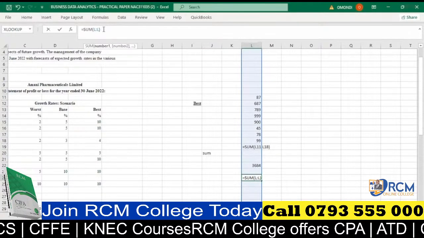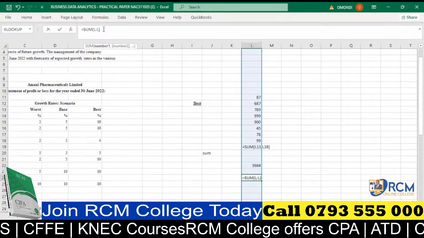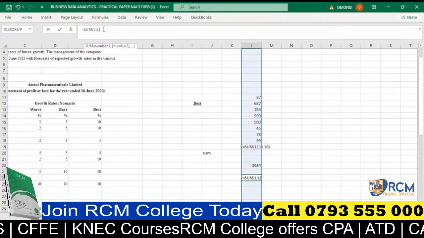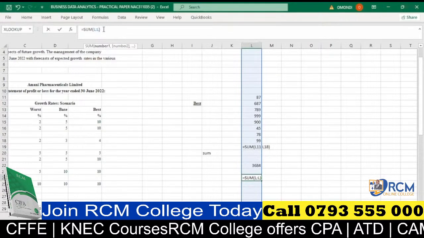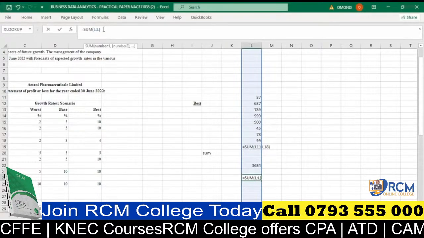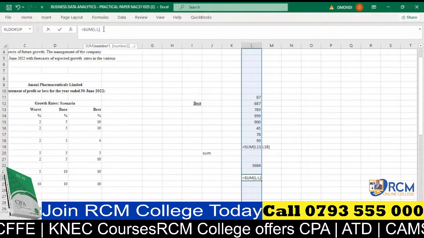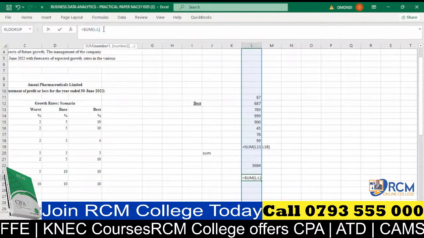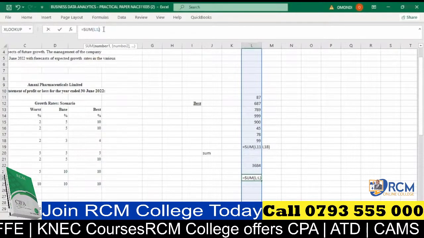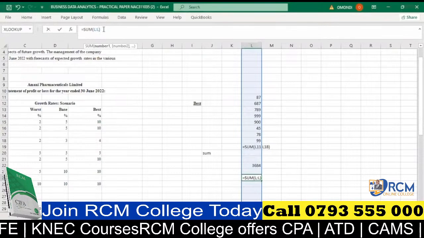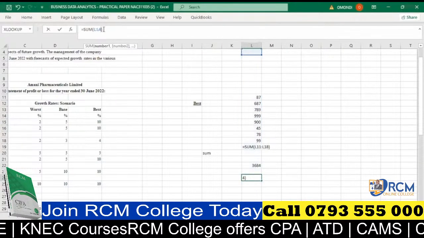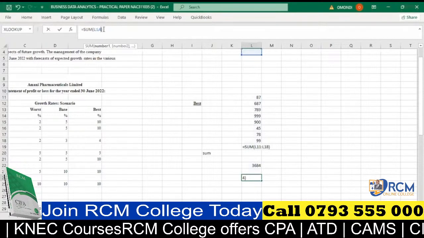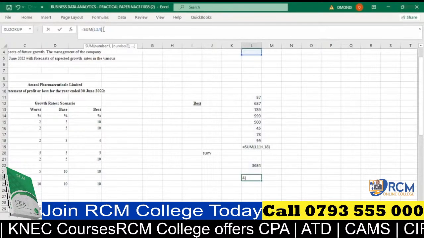So if I want to highlight the entire column, I just say L. And then I have L to L, which means I'm highlighting the entire column. But the moment I introduce any number to specify a cell or a row number, then it is now not going to help me get what I need.